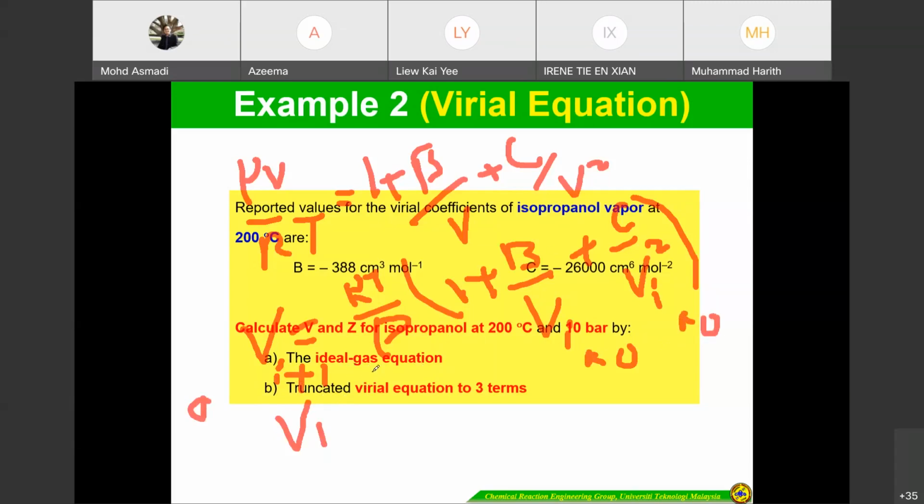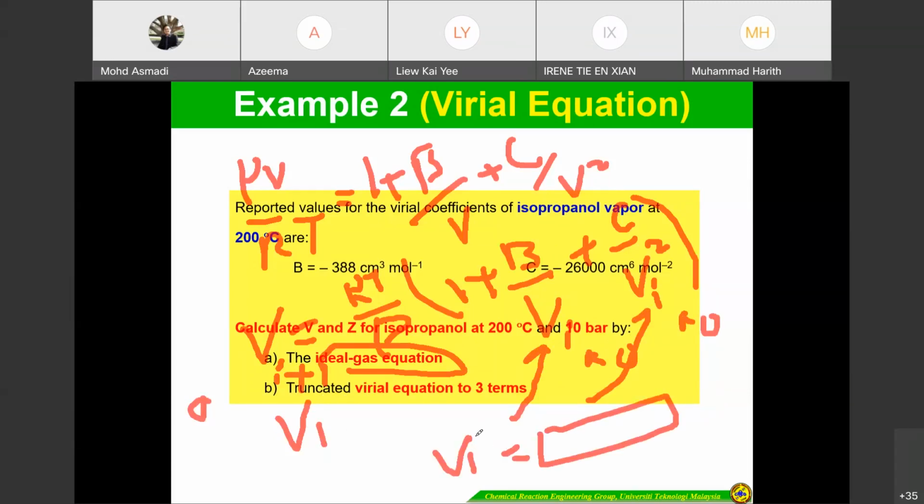Starting from the ideal gas equation answer, you substitute the volume V0 here and also here, so you get V1. Once you get the new V, you substitute into the equation again, so V1 on the right and V2 on the left, and you can get V2.